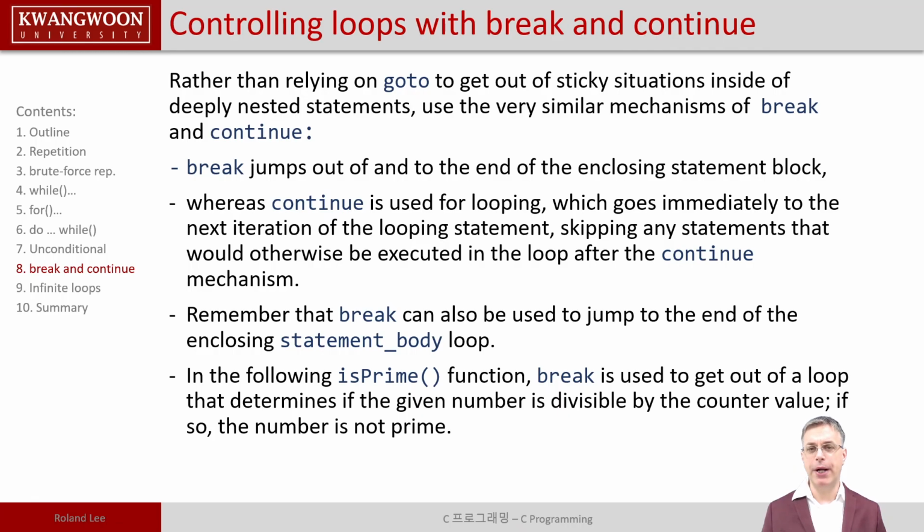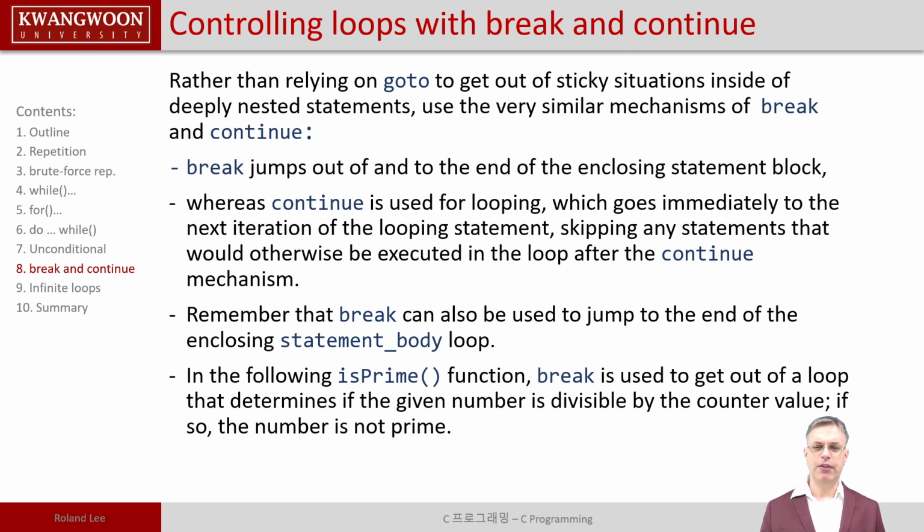These are break and continue. Break jumps out of and to the end of the enclosing statement block, whereas continue is used for looping, which goes immediately to the next iteration of the looping statement, skipping any statements that would otherwise be executed in the loop after the continue mechanism.